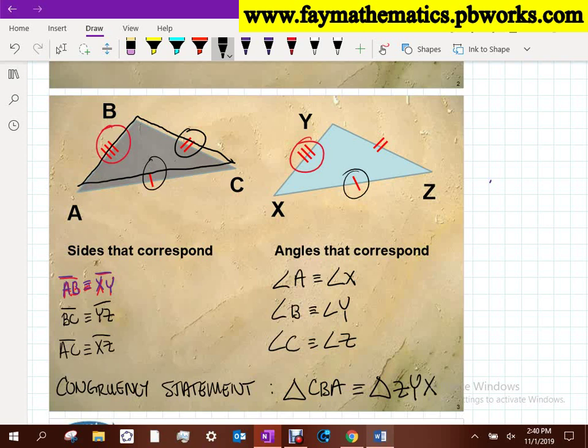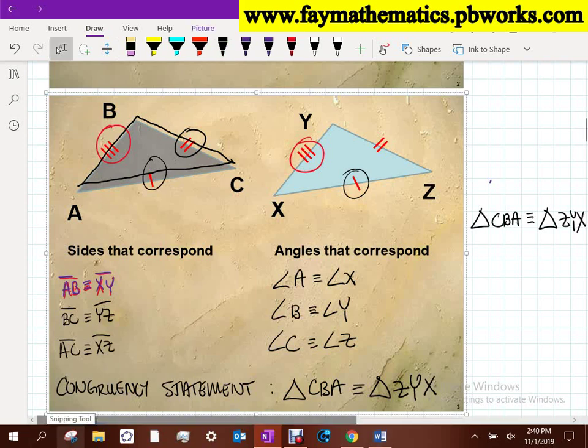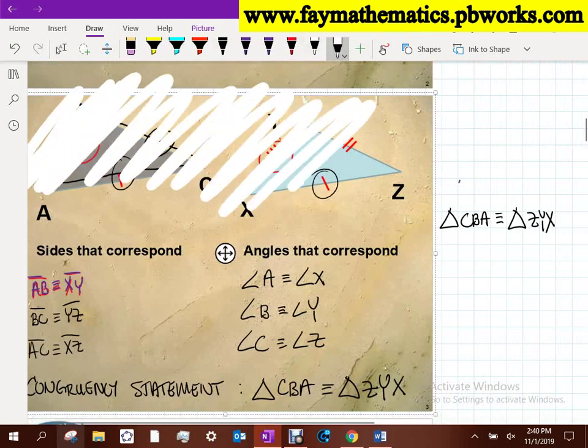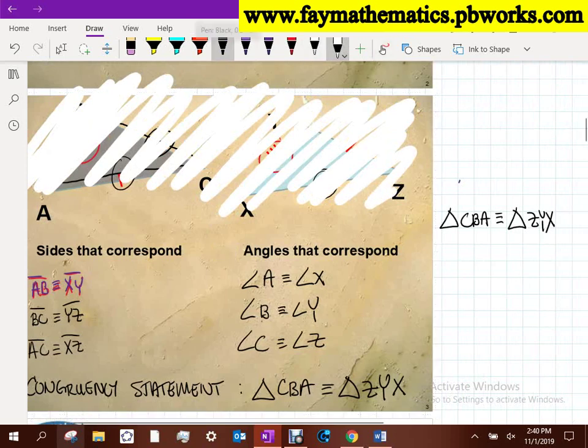Okay? And here's the argument, guys. We need to be able to write it that way. CBA congruent to ZYX. Because just by looking at the name, completely ignoring the pictures, the pictures weren't even there, you should be able to take these first two letters, CB, and these first two letters, ZY, and make the argument that they're congruent.